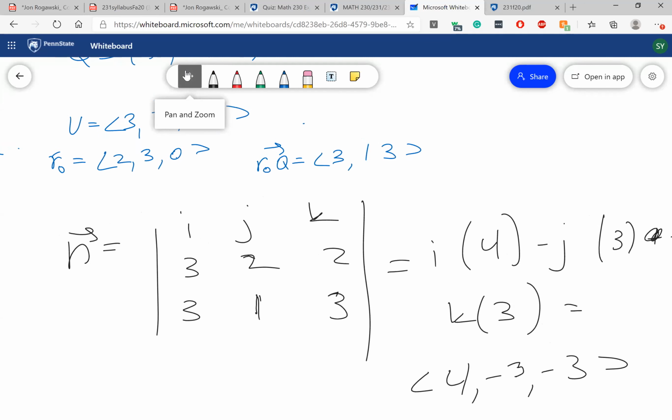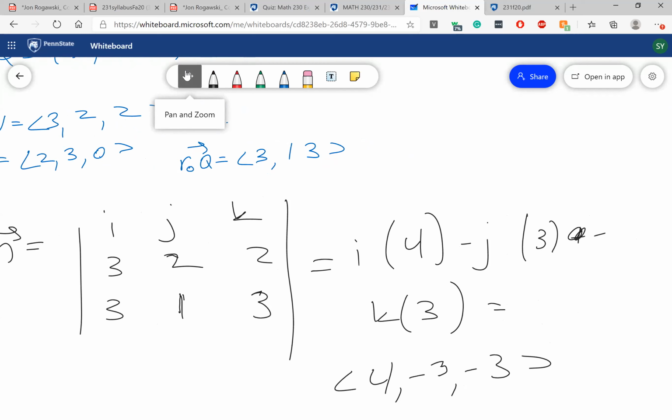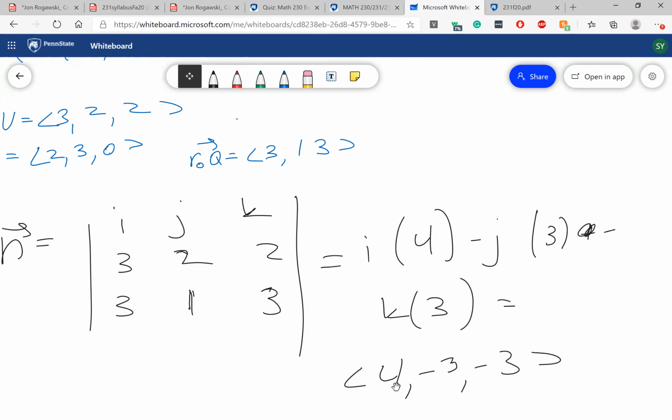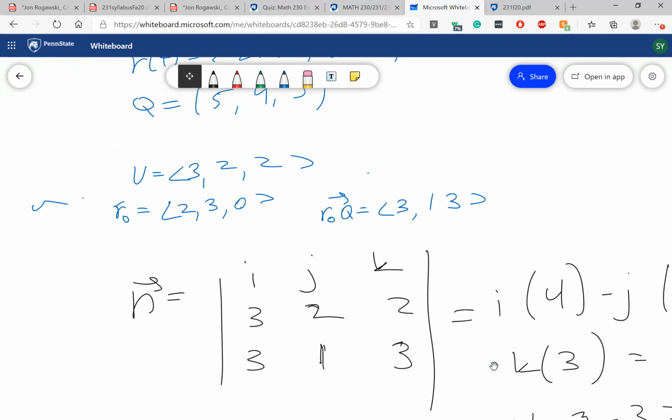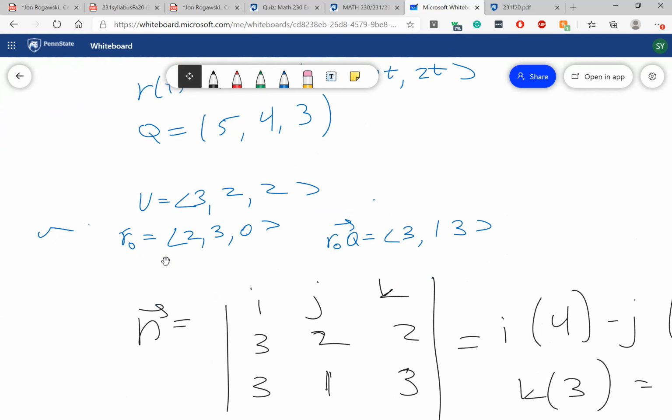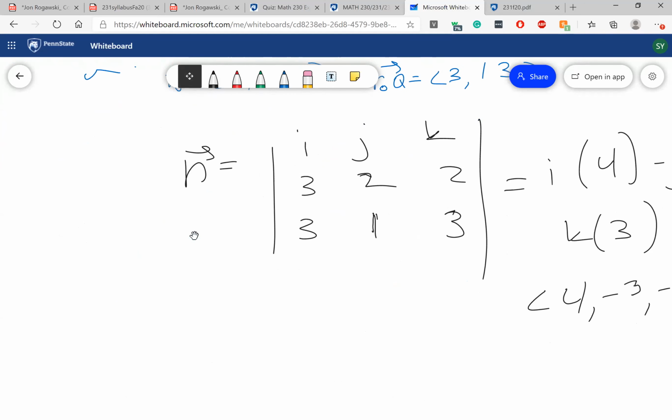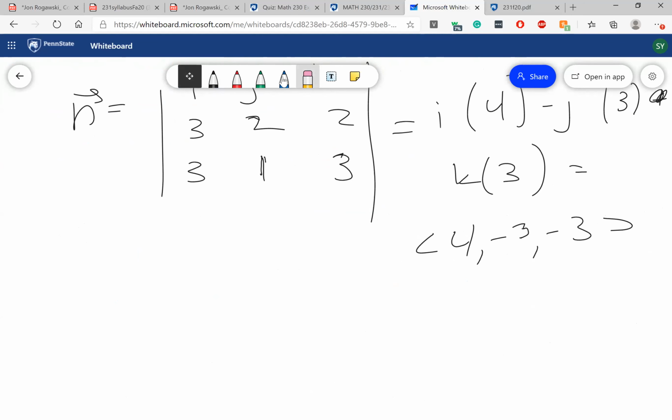Let's just make sure it works, so let's dot it with v. That's 3 times 4 is 12, and then negative 3 times 2 is negative 6, and so on. It's 0, so it works. Now we want to find the equation of the plane. We can take any arbitrary point. Let's just choose R0. So the equation of the plane will be 4x minus 3y minus 3z is equal to d.